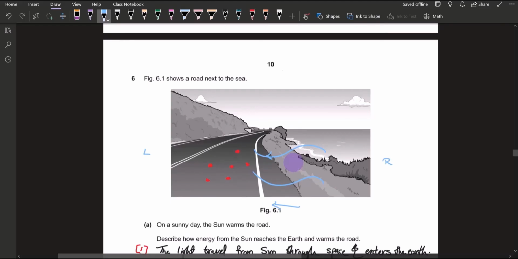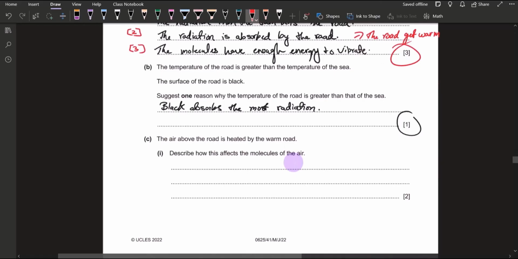What will happen is that this air will hit the hot molecules and gain kinetic energy, and this air, which is cold, will also become warm, and it will go up as the density of the molecule decreases. So the same thing we can mention here, that the air molecule gains more kinetic energy, and because of this, they move further apart.